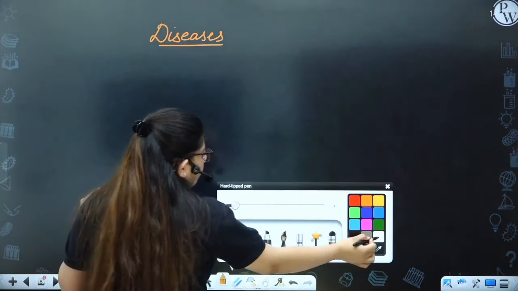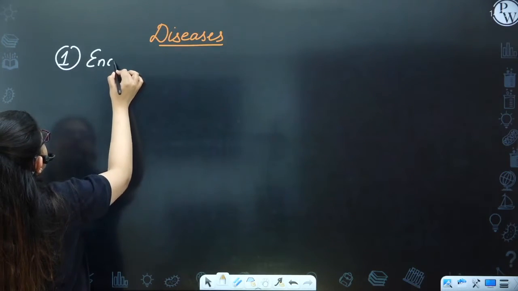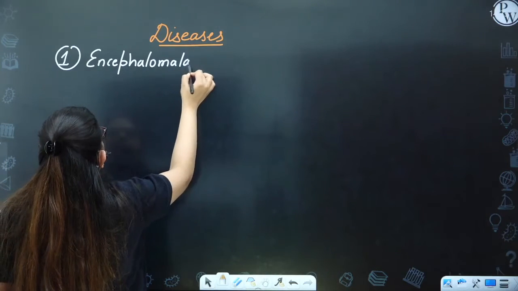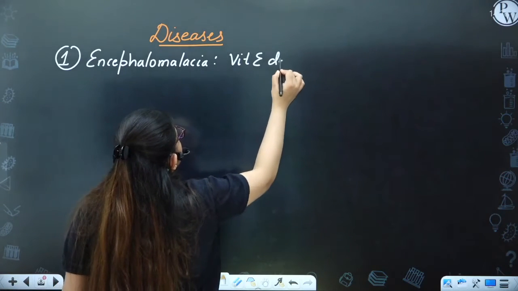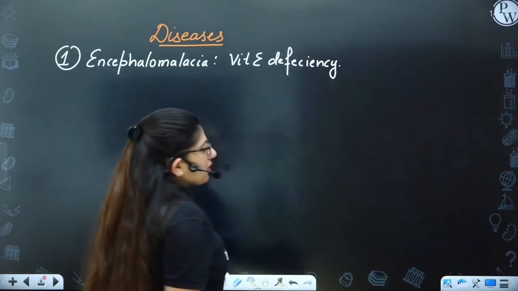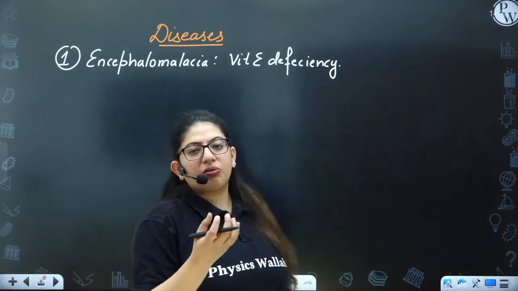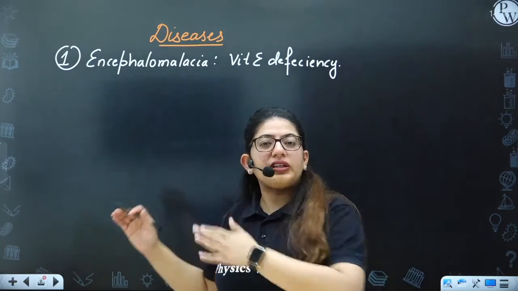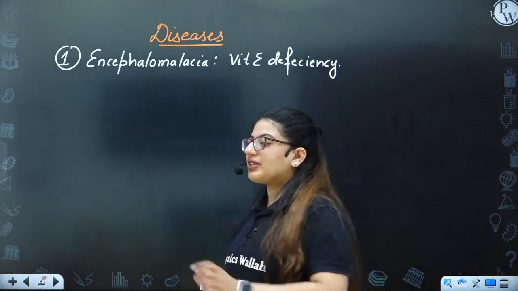The first type of disease is vitamin E deficiency, that's encephalomalacia. When we are feeding these organisms, if we do not feed them enough good food, they will show symptoms of vitamin E deficiency, and that disease is encephalomalacia.